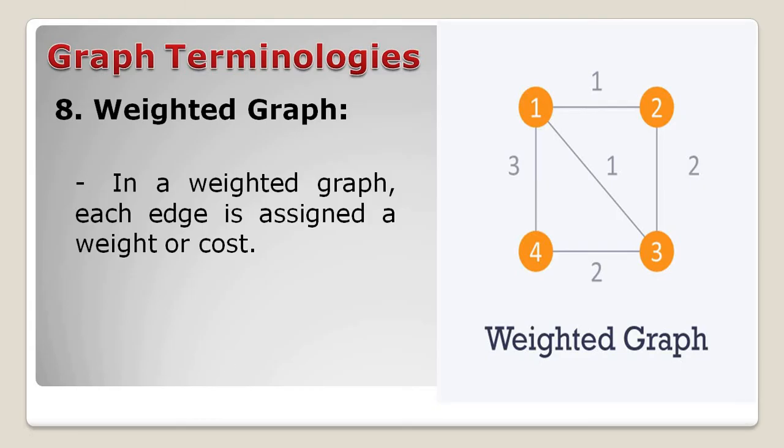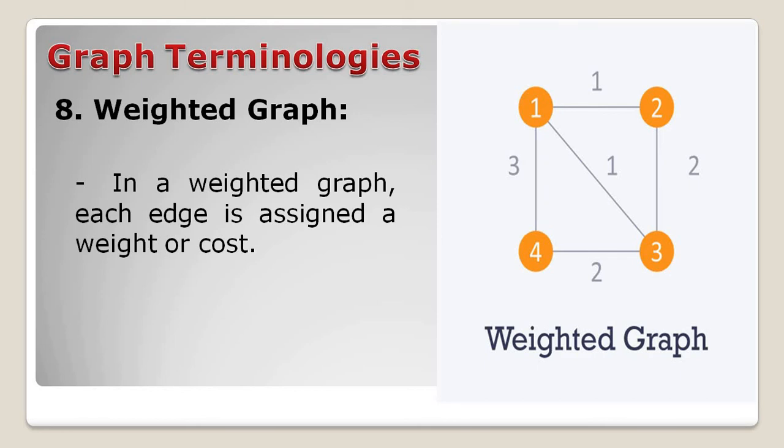The next terminology we are going to learn is the weighted graph. In a weighted graph, each edge is assigned a weight or cost. Consider a graph of 4 nodes as in the diagram. As you can see, each edge has a weight or cost assigned to it.